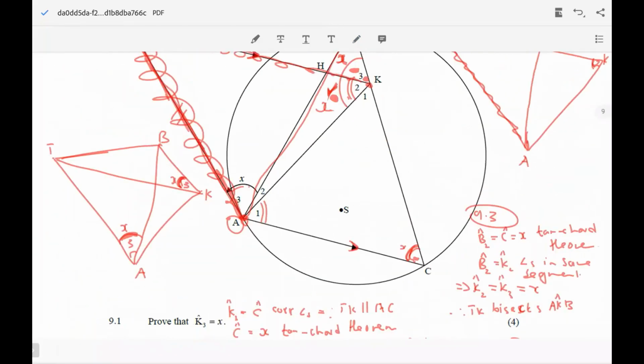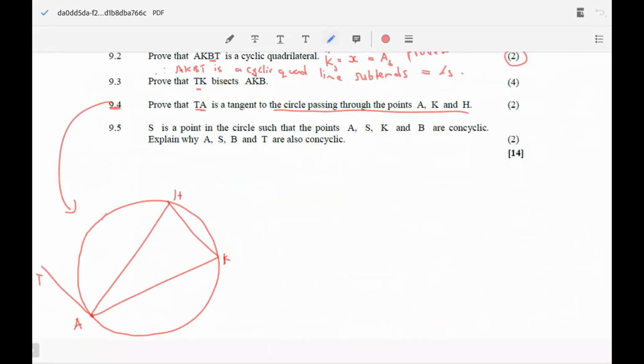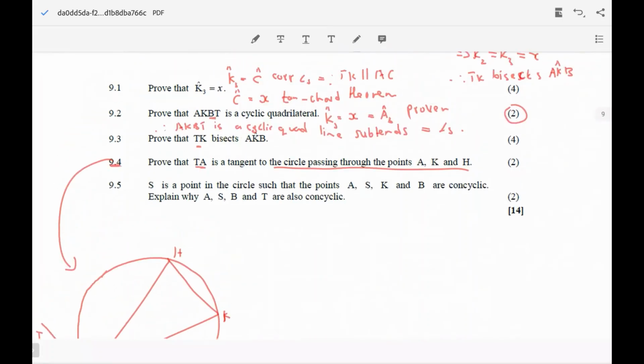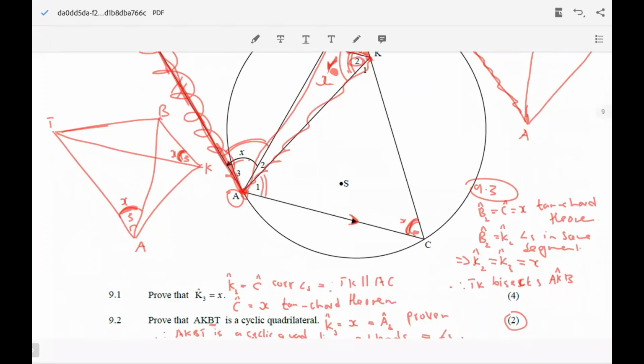Because we are going from A to K to H, and the chord is AH, we are looking at A3, which is X. And which K from A, K to H? That would be K2.